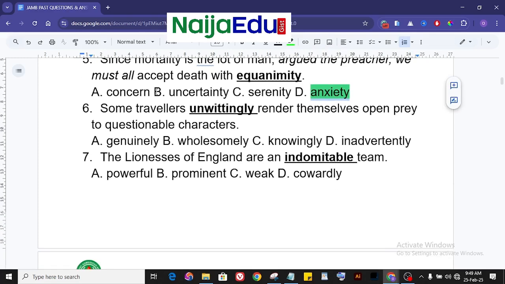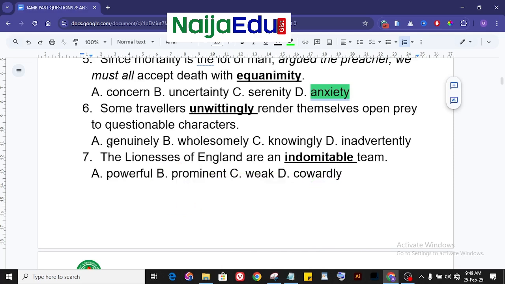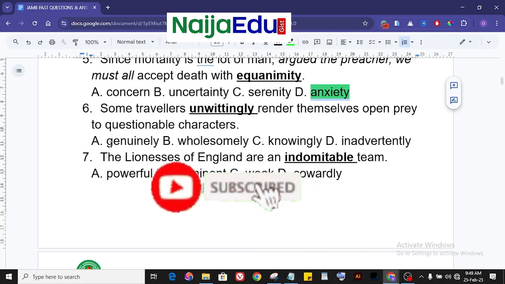So question 6 says, "Some travelers unwittingly render themselves open prey to questionable characters." What does unwittingly mean? Unwittingly means unknowingly, something that is really unknown. Genuine is not really related to being aware.